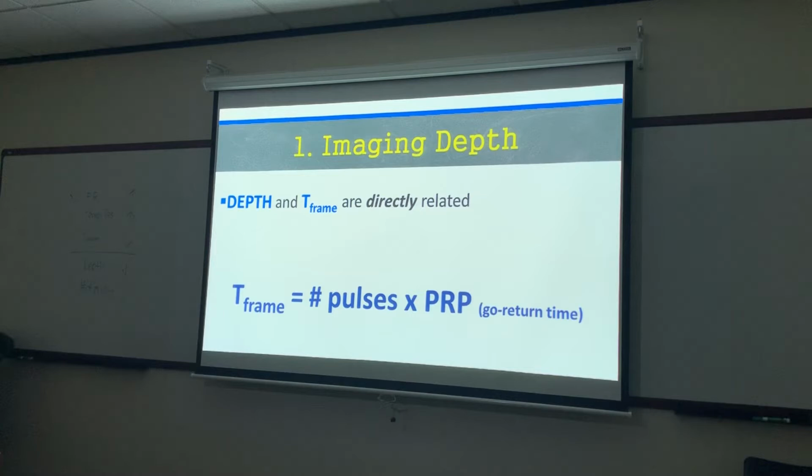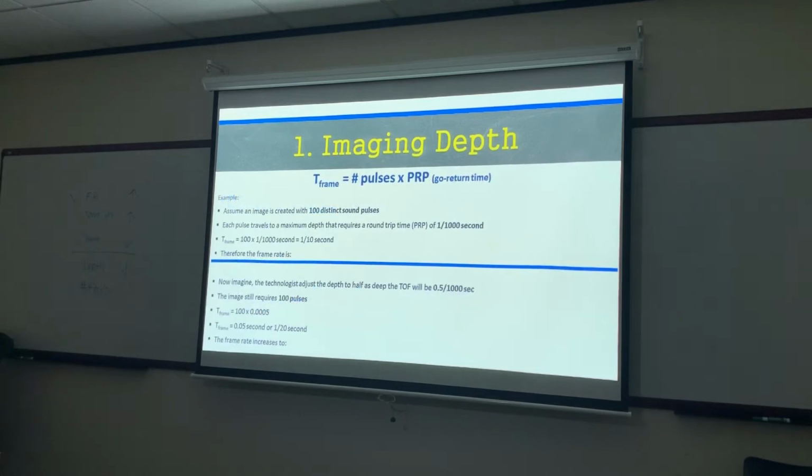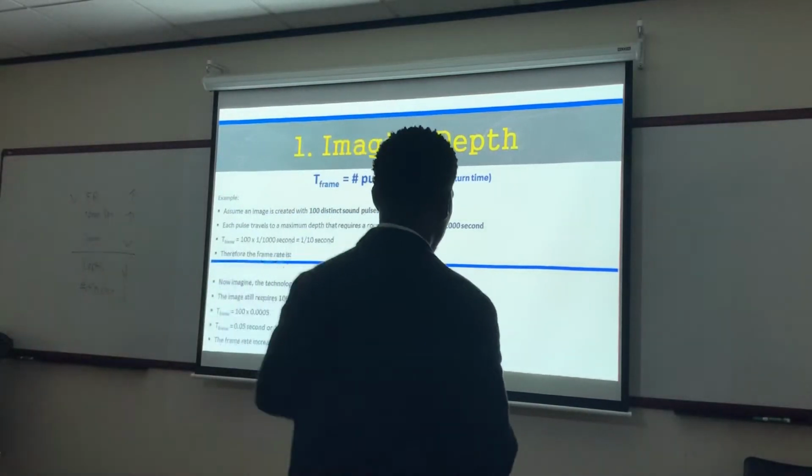Okay. So the number of pulses times the go and return time will give us the time it takes to create one image, right? We all understand that? We're good, guys? Okay. So we got a little problem we can work out. So in this example, straight out the book: assume that an image is created with 100 distinct pulses.